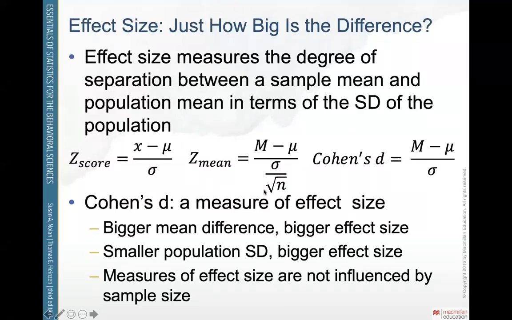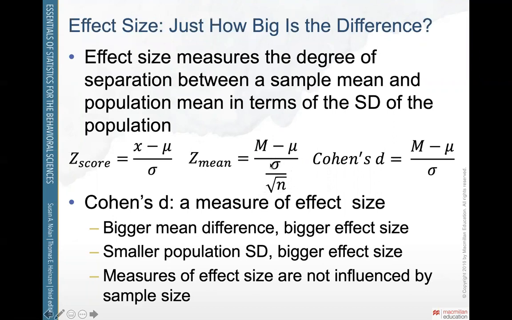If you look at the equation for Z-mean right here, this is one we've been dealing with for the past couple of weeks, you see that it has the square root of the sample size right here. We're interested in how the value of Z changes depending on the value of the sample size. The general rule of thumb is, if the sample size is small, then that's going to cause the standard error to be big.